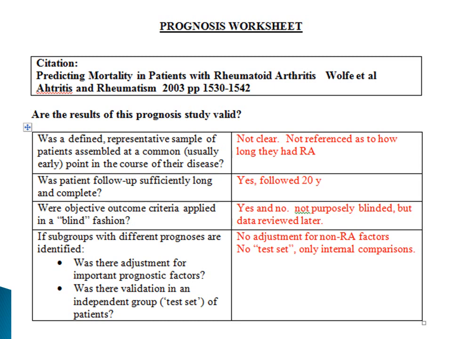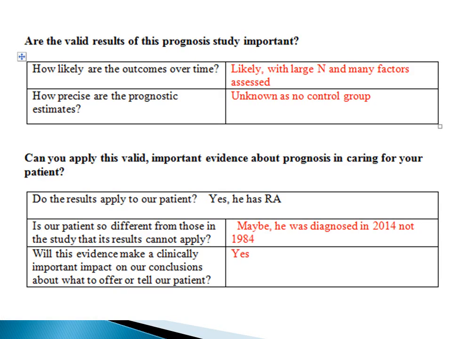Those things were examined, as there were many various issues that were examined in this prognosis examination, but they weren't adjusted for. Was there a validation group? No. None of these articles for prognosis had any specific group. They were just kind of tied to general mortality. So, are the valid results of this prognosis study important?